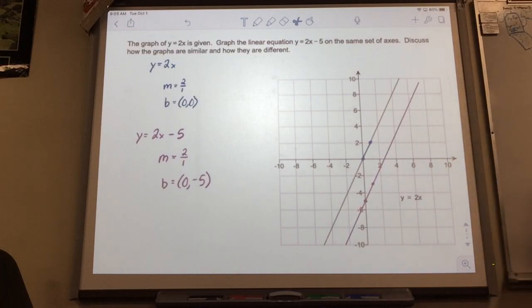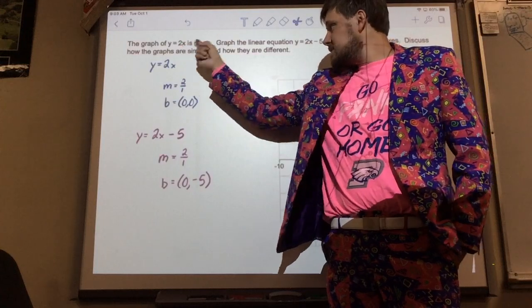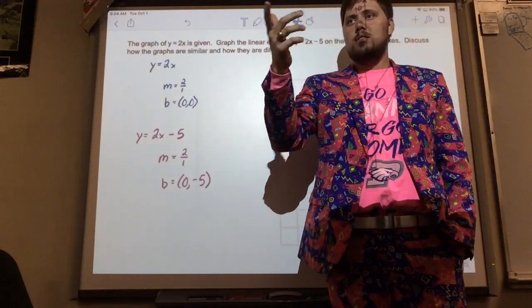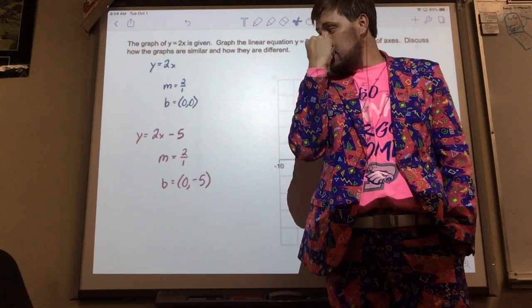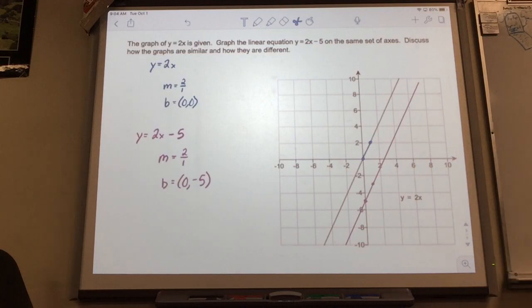And then if I was standing right here, and you were just looking at that and that, how would you know that they are parallel, James? M is the same. Perfect. M is the exact same thing. So if your slope is the same, slope is slanting, right? If you're slanting the same, you're never going to hit, right?